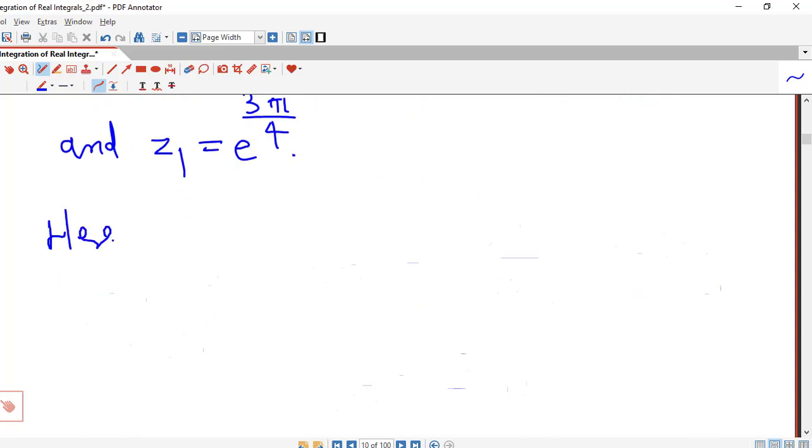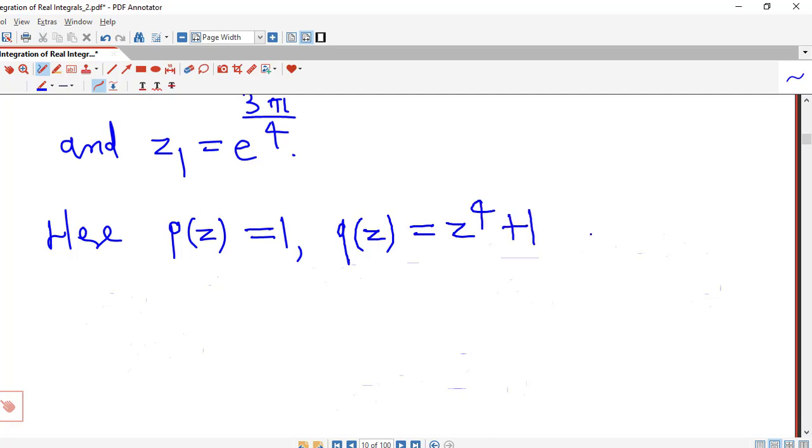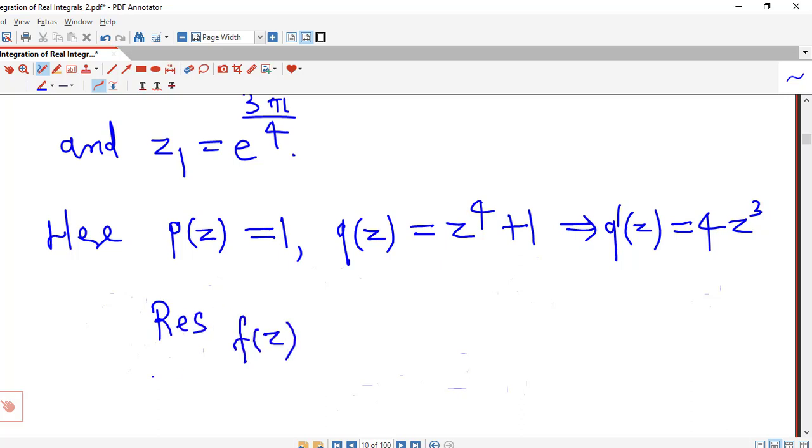So first we write here p of z is 1 and q of z is z raised to 4 plus 1. Therefore q dash is going to be 4 into z raised to 3, and the residue of f of z at z equal to z0 will be equal to the value of function p at z0 divided by q dash at z0.